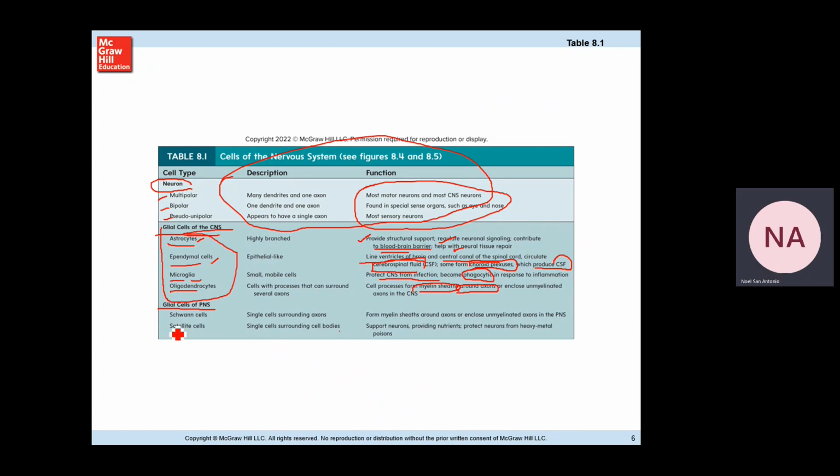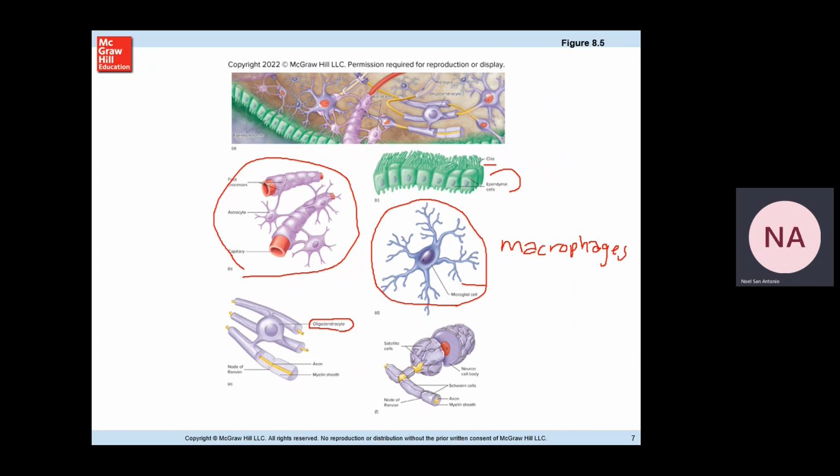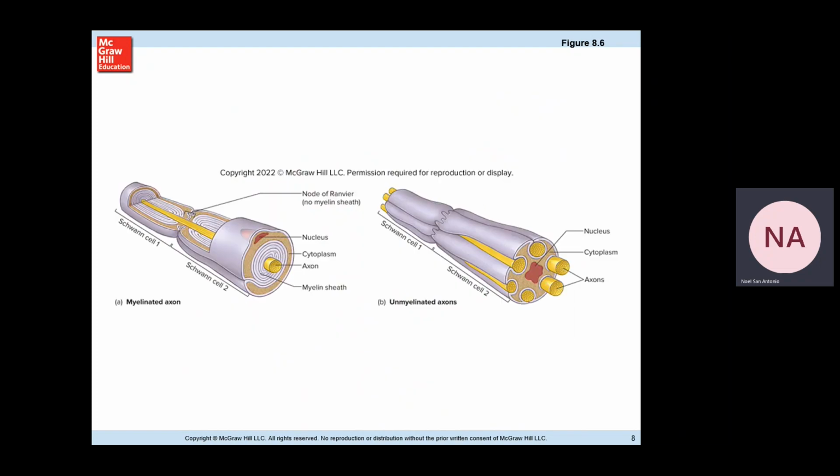Now, how about in the PNS? You have your Schwann cells and your satellite cells. We mentioned the Schwann cells earlier. Schwann cells can wrap around those unmyelinated axons.